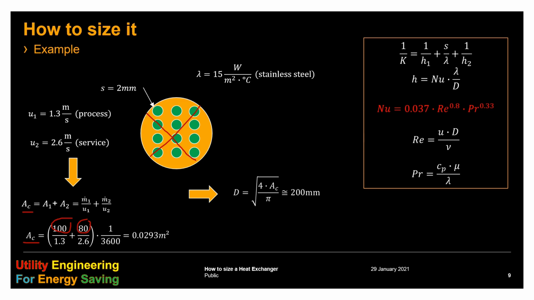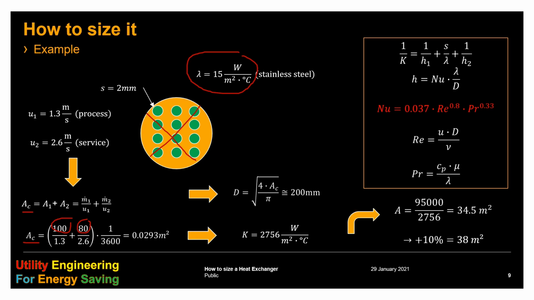Assuming stainless steel for the material of the exchanger, also lambda is known, and therefore we can determine the transfer coefficient K, 2756 watt over square meter per Celsius.